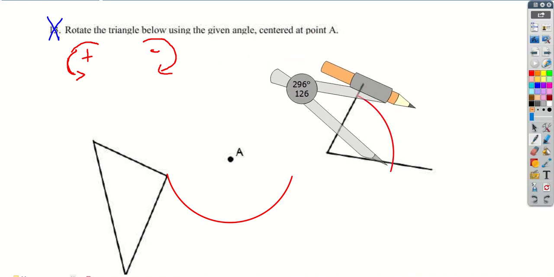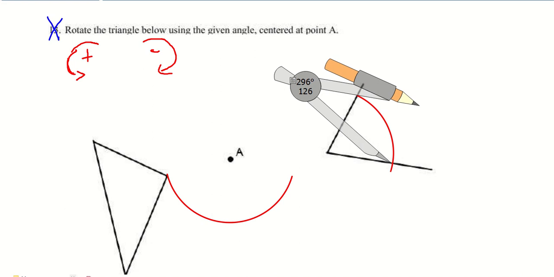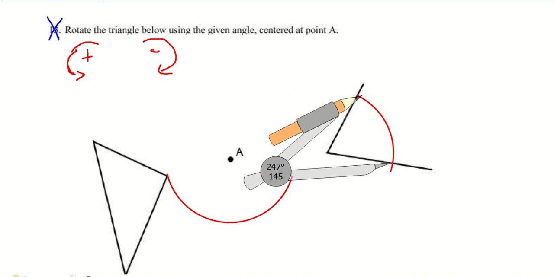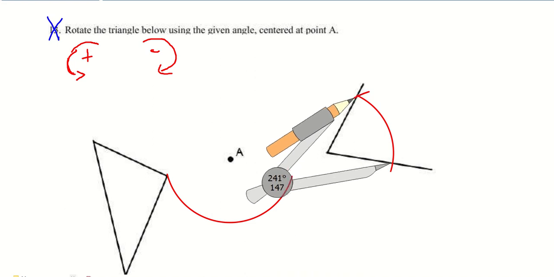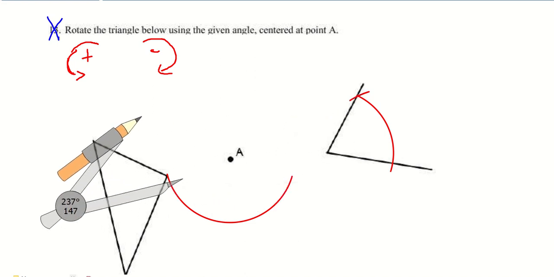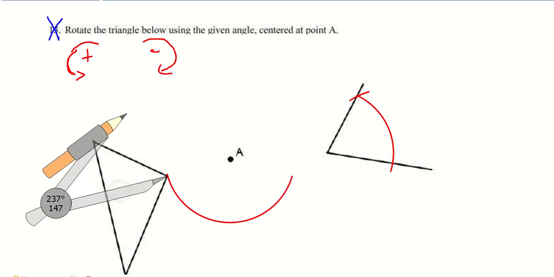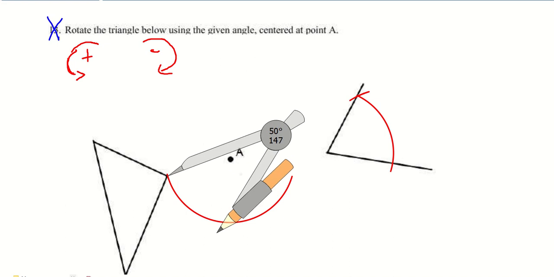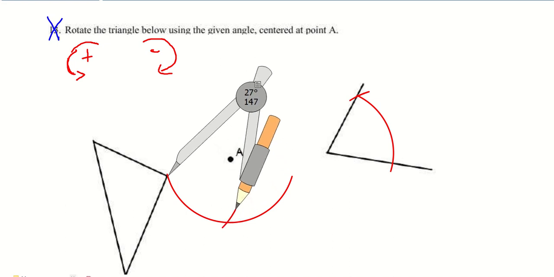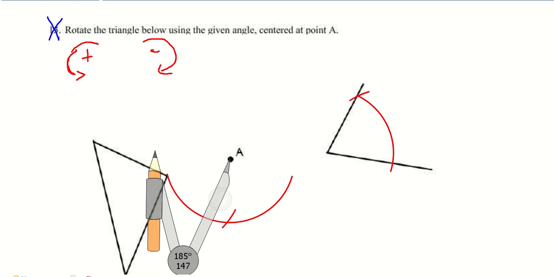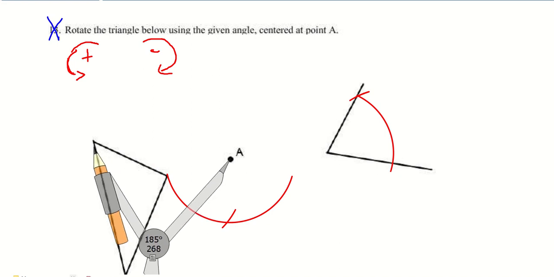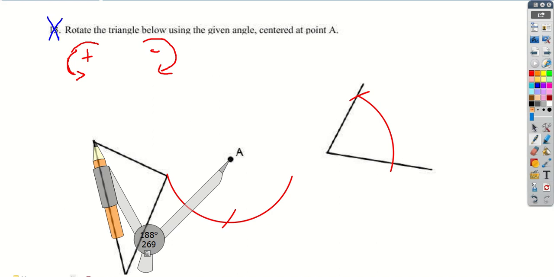And then we're going to measure the distance here for our angle, and you see we have to change our point, so I know that it's that long, okay? I'm going to move my sharp point over to the point that I'm rotating, and I'm going to mark off that distance, and that's where the image occurs. And then I just do it again. Okay, so extend it out. Switch colors here. Give me blue.